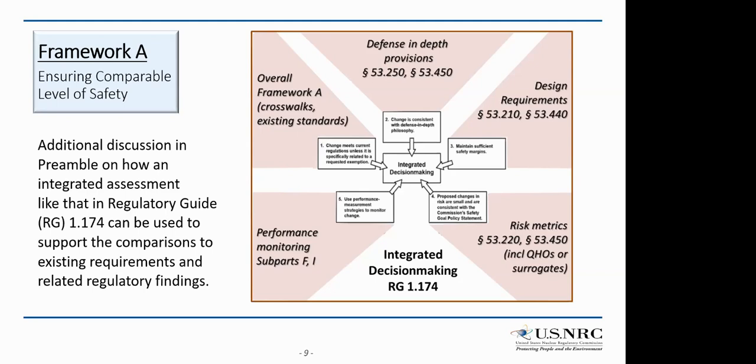1174 was developed to evaluate changes in the existing licensing basis of operating plants, but the logic is good, and it can be expanded and looked at slightly differently to say, let's use that same thought process to compare the two frameworks.